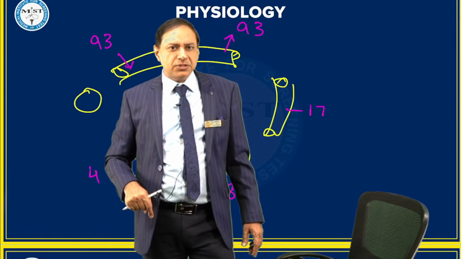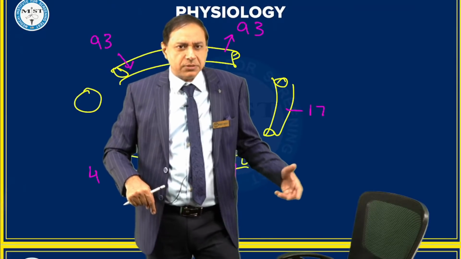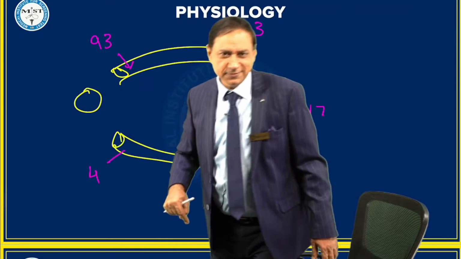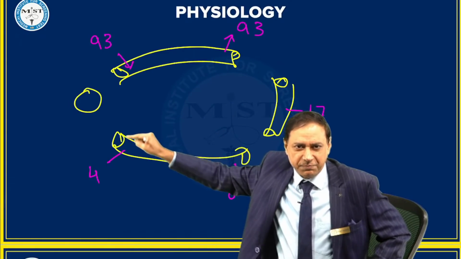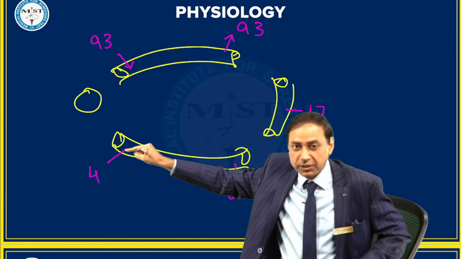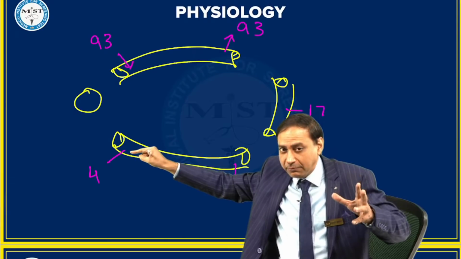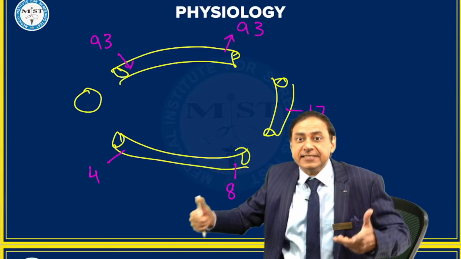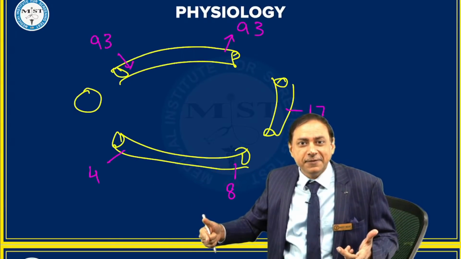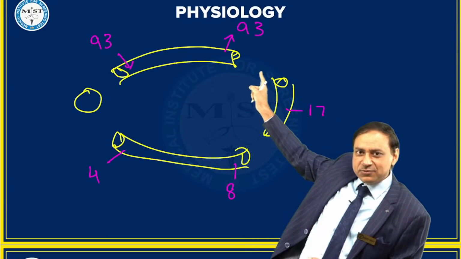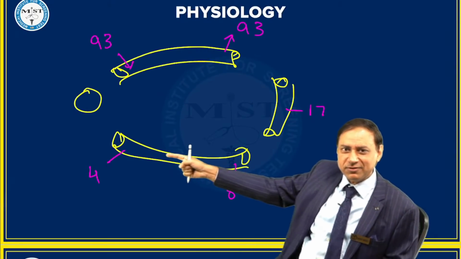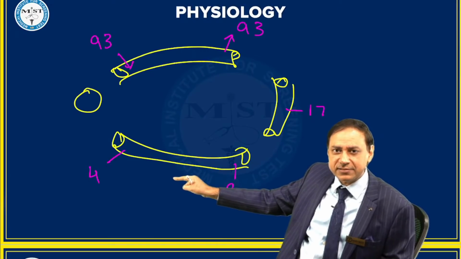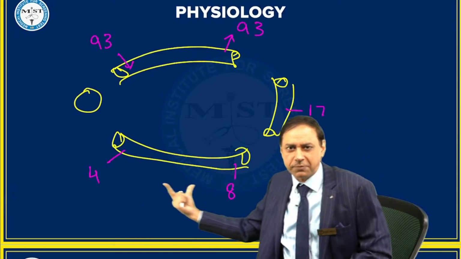Who is responsible for maximum pressure drop? The total pressure drop is 93 minus 4, which is 89. Who is eating that pressure? Here it is 17, 8, 4, so the resistance here is less. Why less? Because there is less pressure drop.